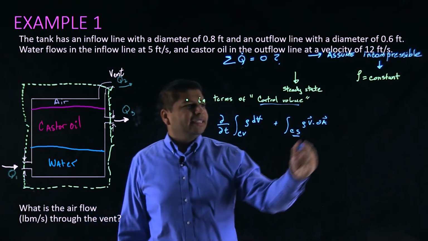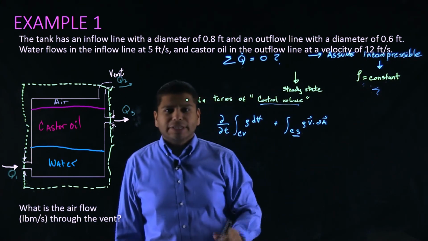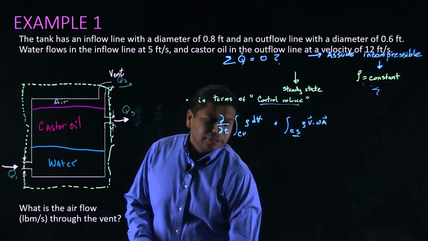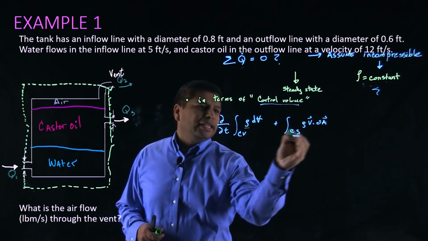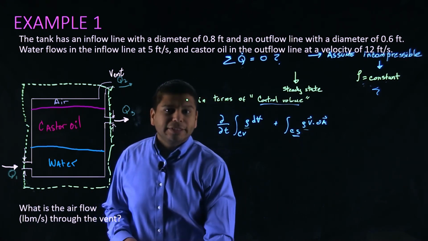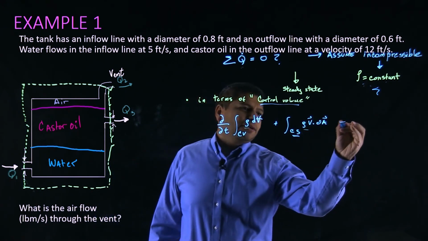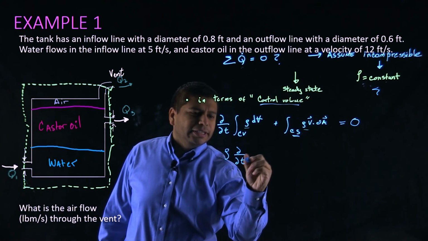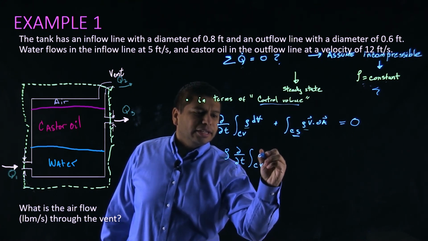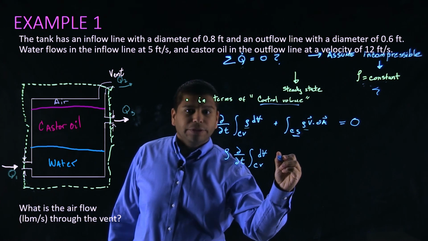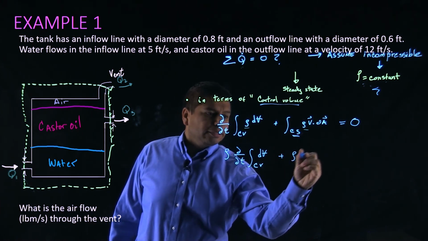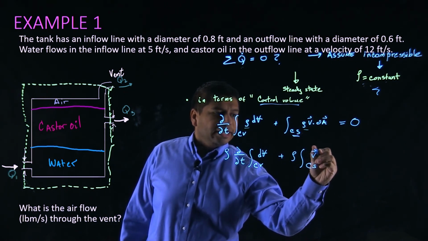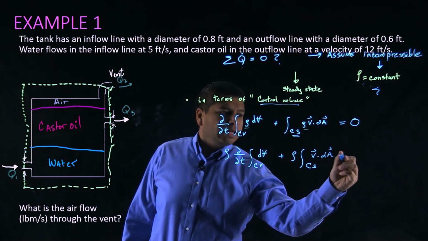We assume that our density is constant, so we can take it out of the integral, and this equation is equal to 0. So we get rho d/dt of the integral over the control volume of the volume, plus rho times velocity times area, equal to 0.